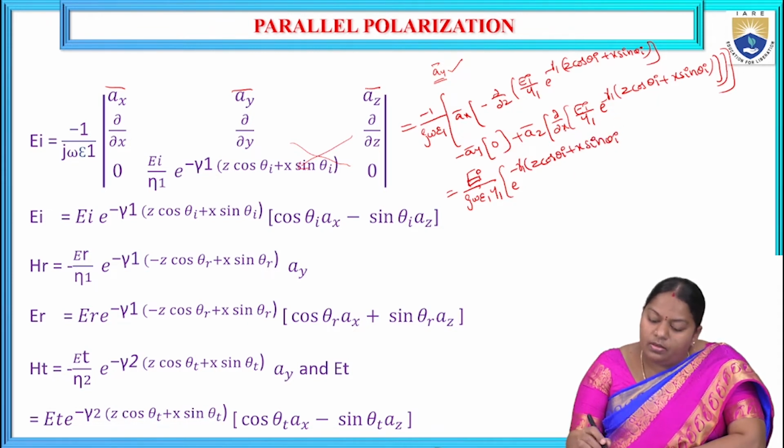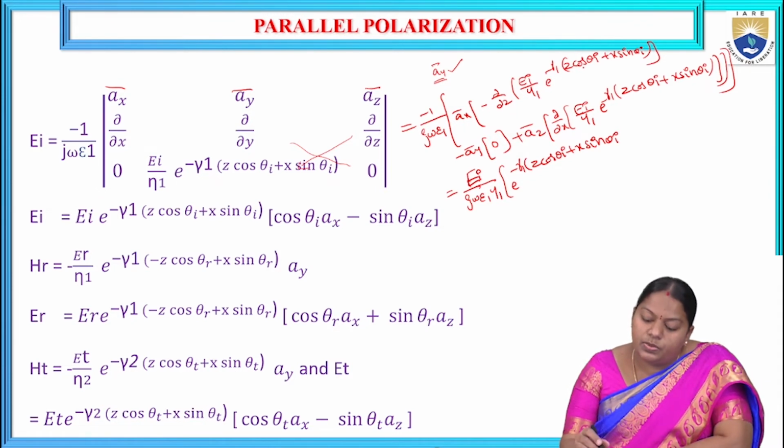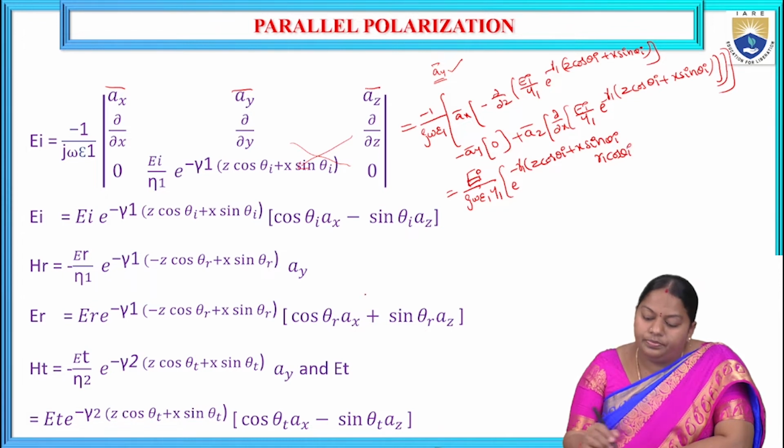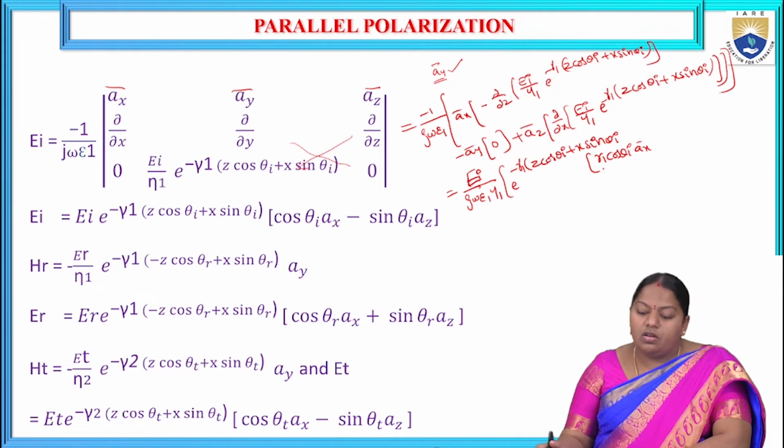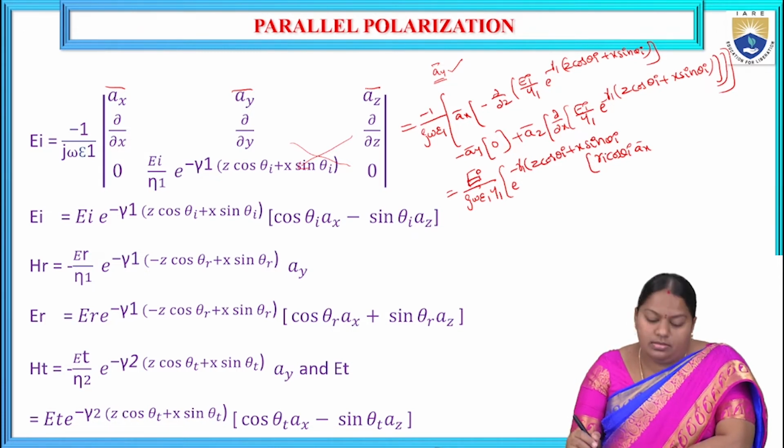Differentiating with respect to z, the negative is already there and here also negative is there, then minus of minus becomes plus, gamma 1 cos theta I into ax as the first case.